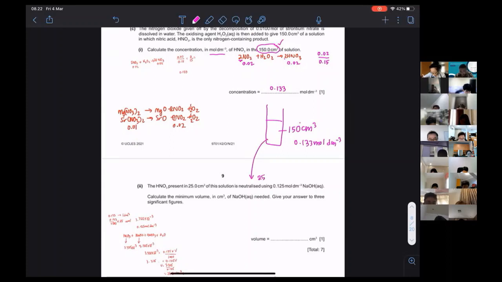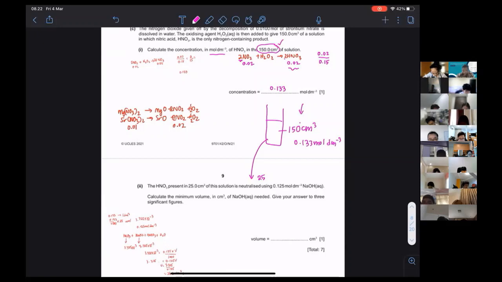How many portions? We calculate like that, right? So 6 portions of 25 are found in 150. Normally we take the number of moles and divide by 6, which is where I made the mistake. Why? Because I'm not dealing with the number of moles. If you take 0.02 moles and divide by 6, that is correct.